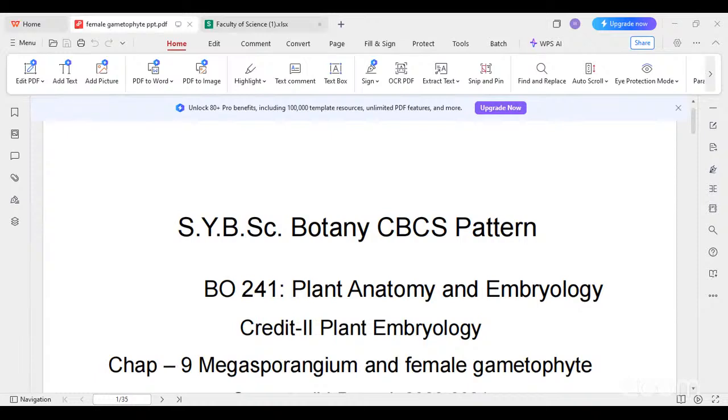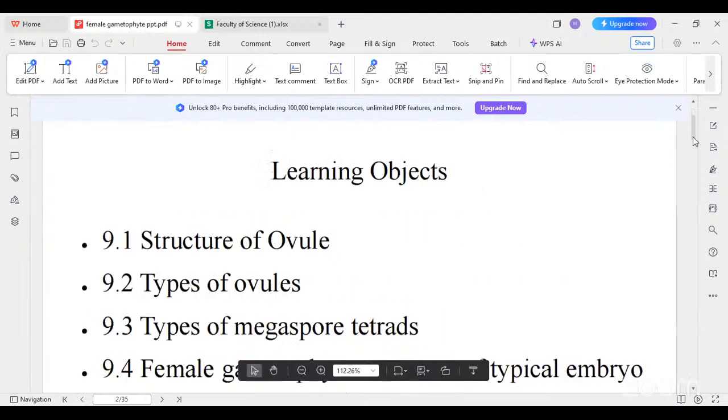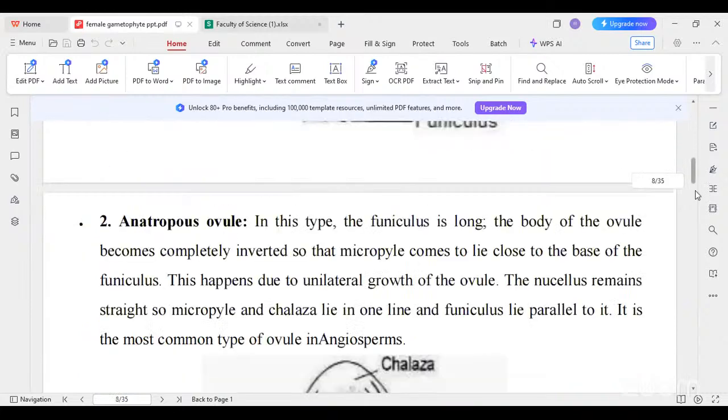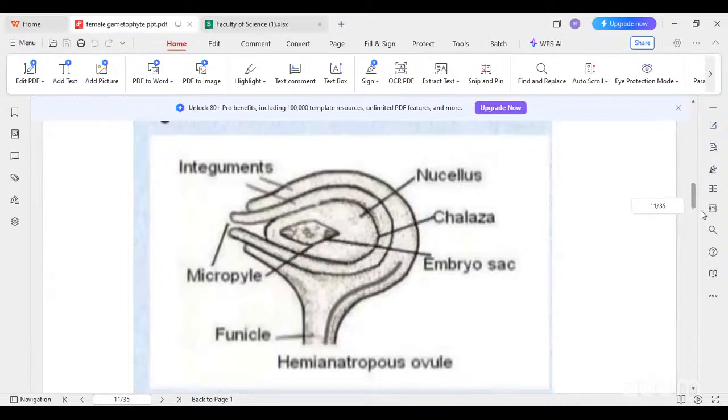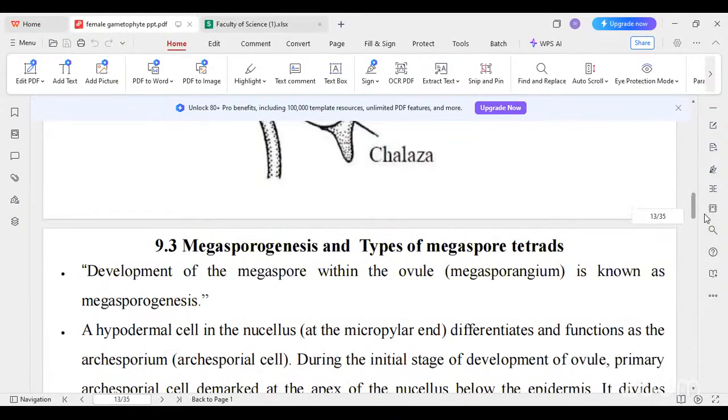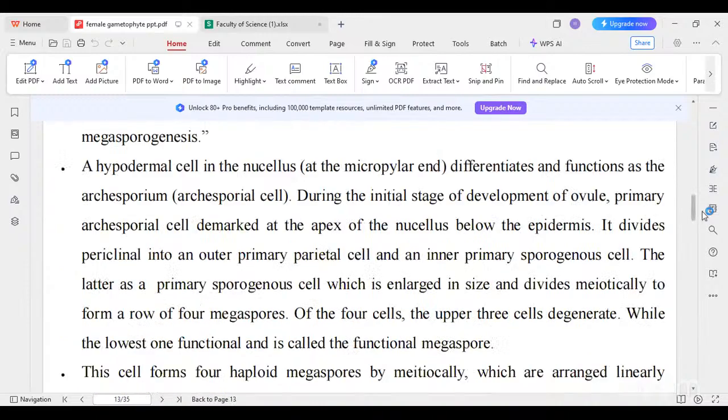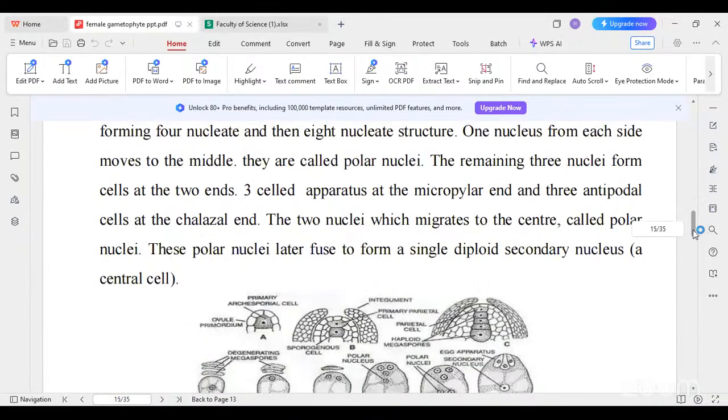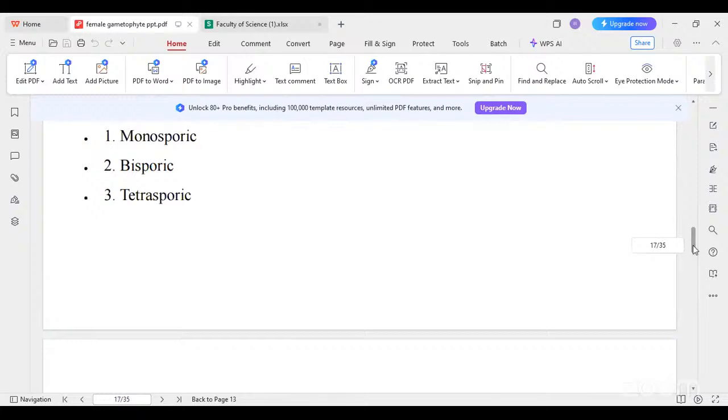What is the female gametophyte and how is it used? These things were already explained yesterday. Today we are going to explain the megasporangium, which is already completed, and the types of embryo sac.